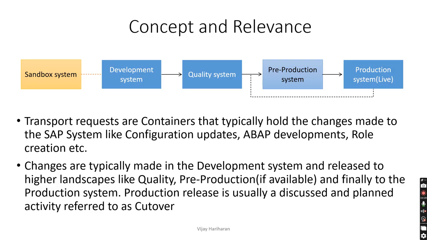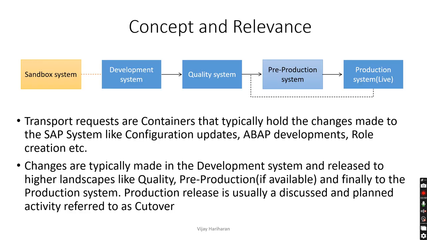Sometimes you may have a pre-production system. So from quality, the changes move to pre-production system as a preparation for the production or go live. But a lot of times the projects don't opt for this additional box because of course this is cost, and this is also going to require additional effort and time to do the tests and ensure everything goes fine.